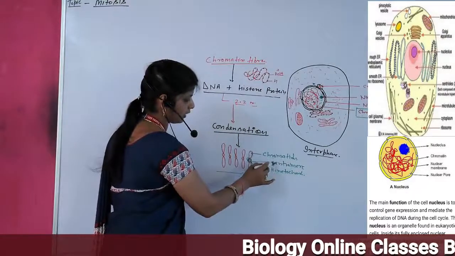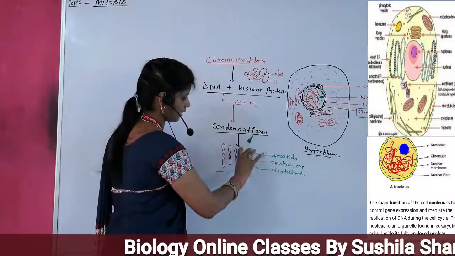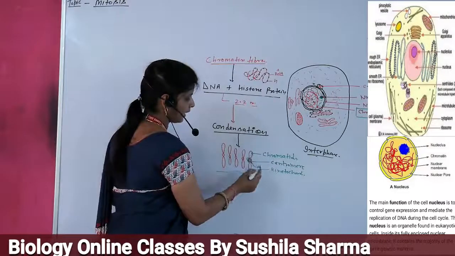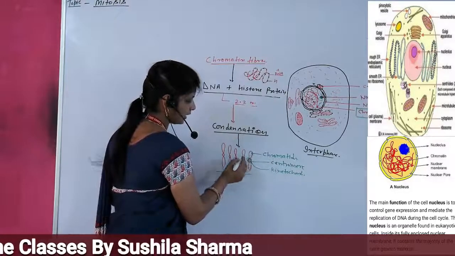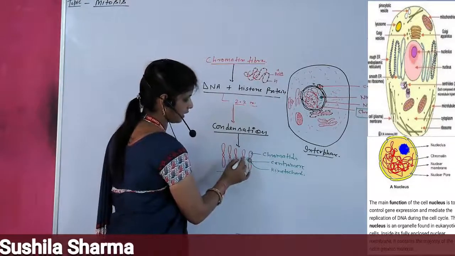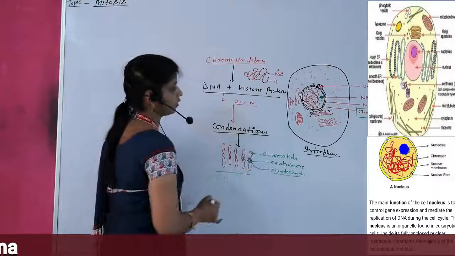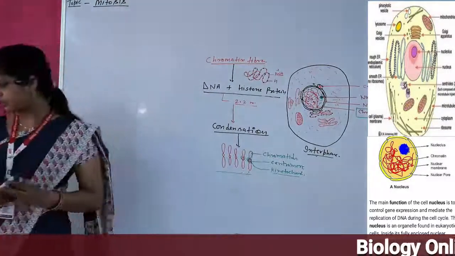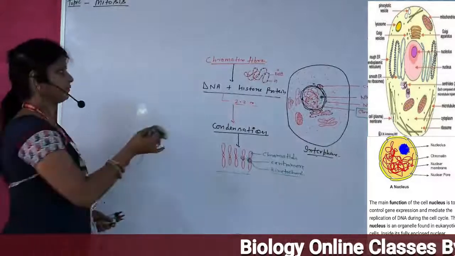It means the centromere helps in the connection of chromatids, and a disc-like structure enclosed to the centromere is called kinetochore.